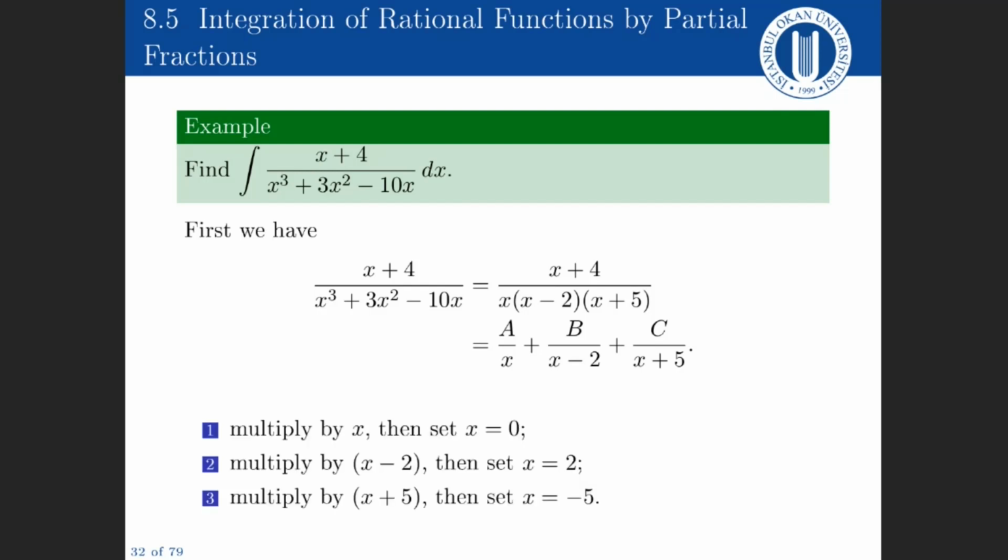We're going to do three things. First, we're going to multiply by x and then set x equal to 0. Then we're going to multiply by x - 2 and set x equal to 2. And then step 3, we'll multiply by x + 5 and set x equal to minus 5.